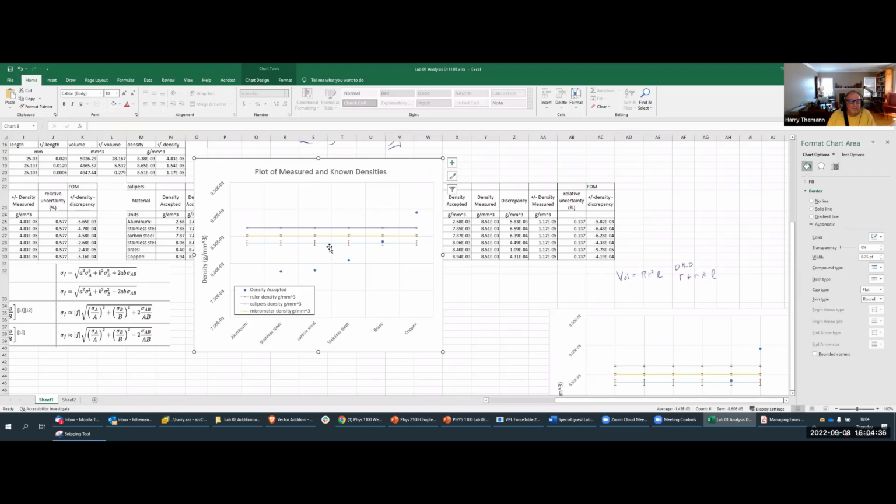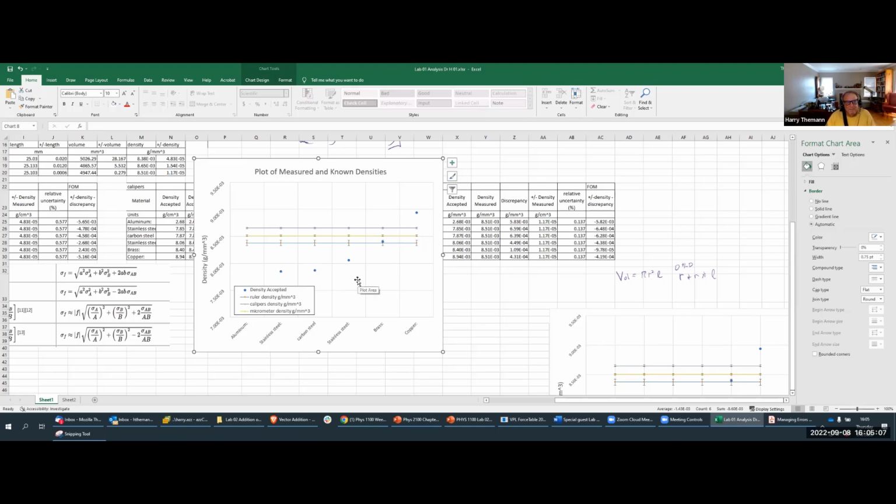And it looks like that if I only used a ruler, I wouldn't be able to tell the difference between carbon steel and the stainless steel, because if I had my line down here, it looks like the error bars would still be so big that both dots would be within the error bars. So it would be necessary to use the calipers or the micrometer to be able to tell the difference between those two.